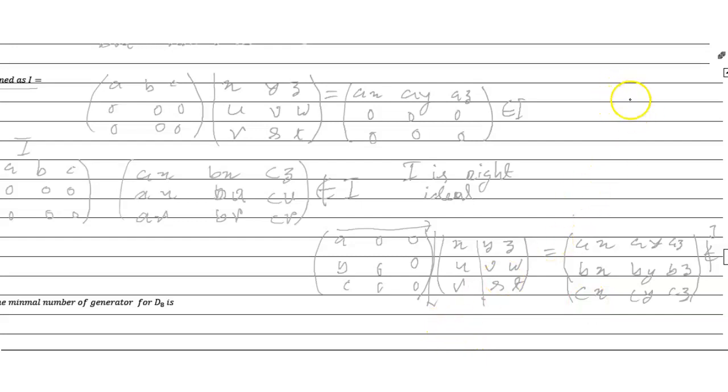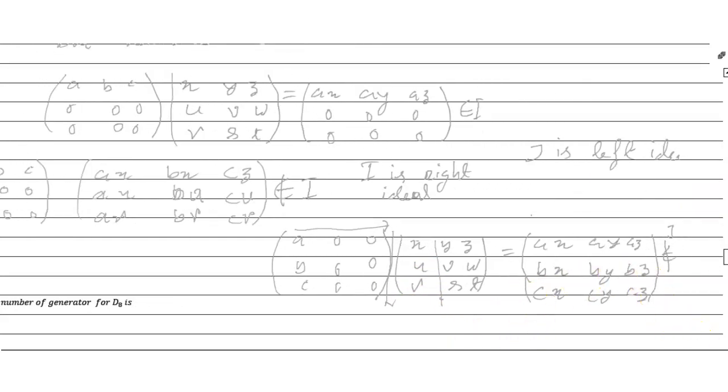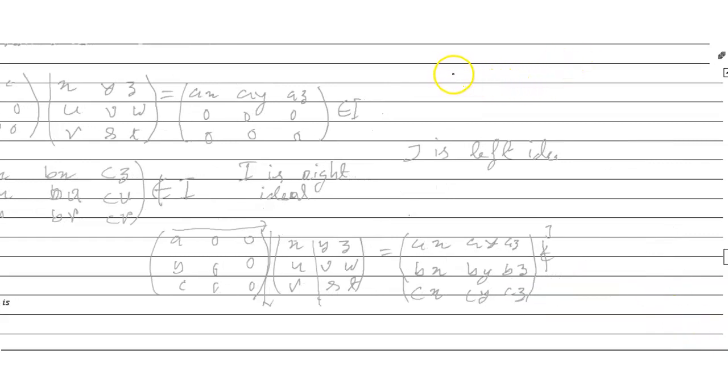So another way we can multiply J is, similarly we can see that J is a left ideal. How is J a left ideal, friends? Very simple. Just multiply X, Y, Z, U, V, W, R, S, T with A, B, C, 0, 0, 0, 0, 0, 0.